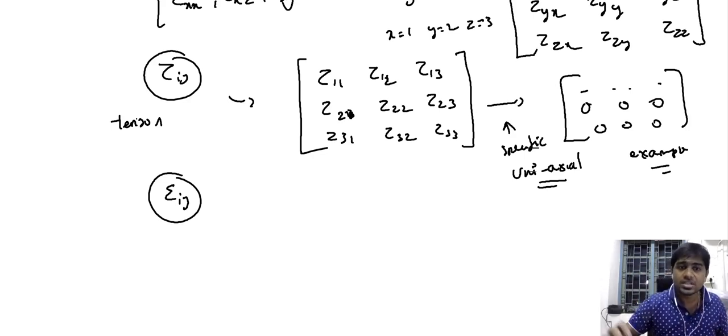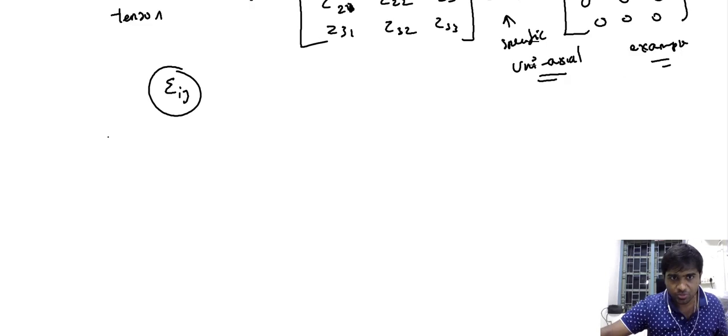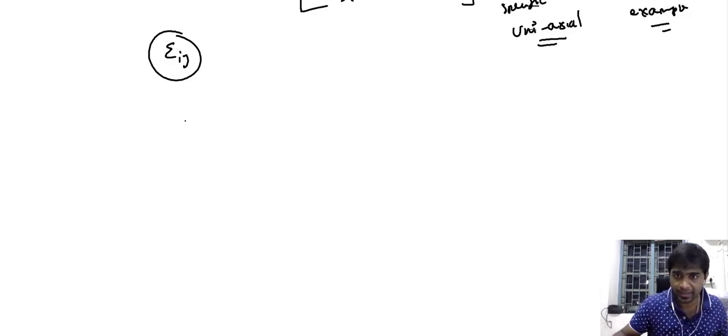Right. Now, similar to the stress, the generalized description of the strain is also in the form of a tensor. This can be understood by considering again a sample under triaxial tensile loading.